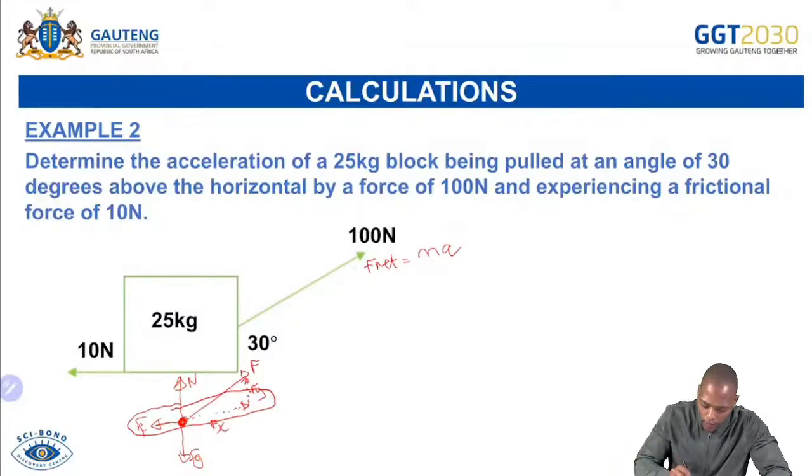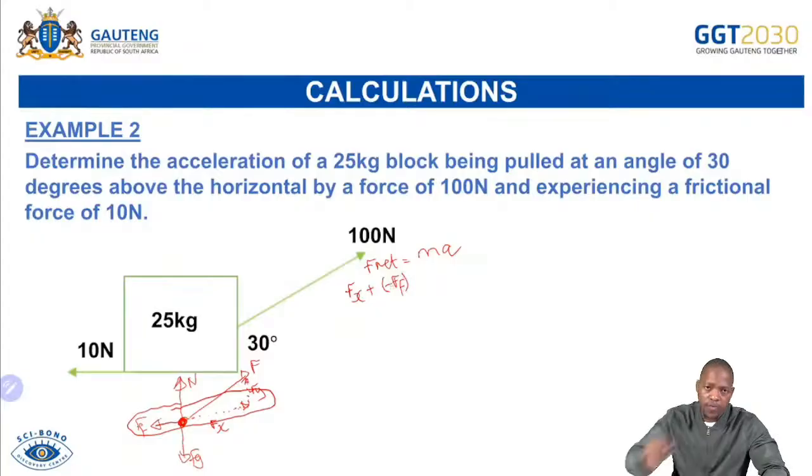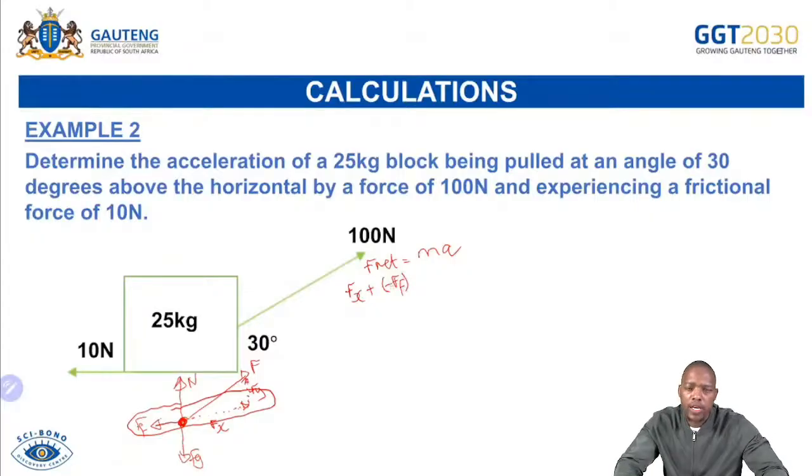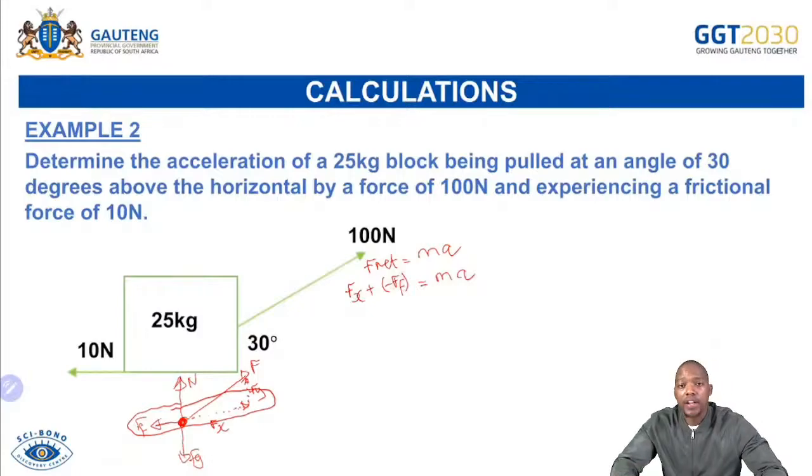So our F net there is going to be Fx, which is positive, and we will be adding it to negative F. F is negative because it is facing in the negative direction. Remember, we're adding vectors here, they have magnitude and direction. This is equals to the mass times the acceleration.